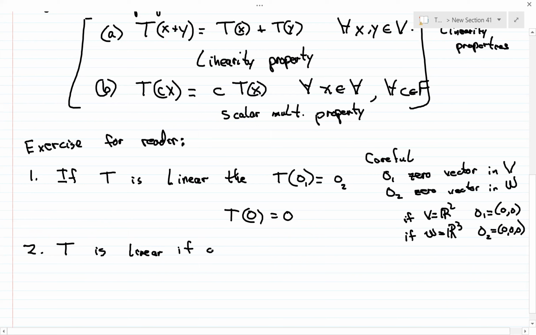If and only if T of... they write it this way, which is not the way I would write it, but let me give it the way they give it first.